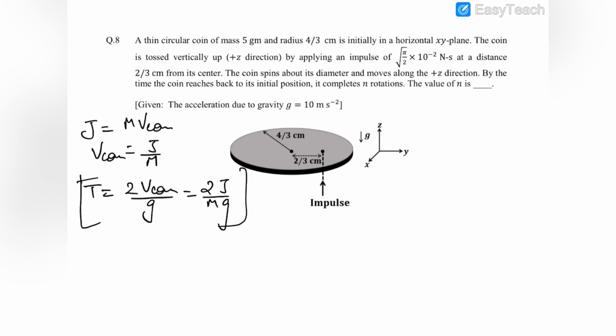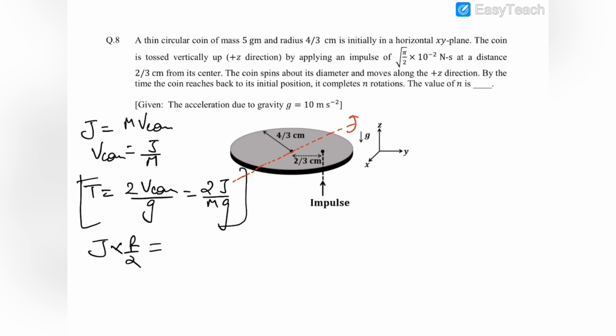Now, in the next case, let us see that the angular effect of this impulse would be J into r by 2. You can see that this radius r is 4 by 3, and the point where the impulse is applied is at a distance equal to r by 2. So J into r by 2 will be equal to the change in angular momentum, and when we apply the impulse, then due to the angular effect, this disk will rotate about this axis, which is passing through the diameter in the plane.